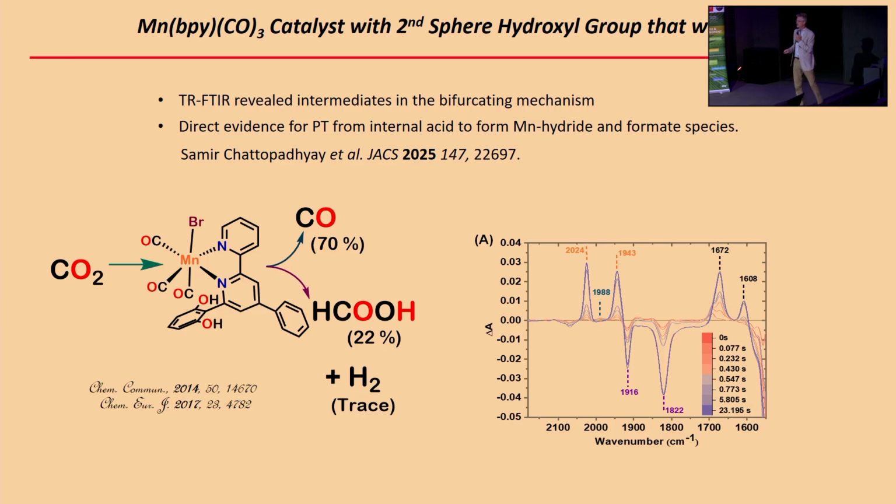So he could see the direct formation of manganese hydride followed by CO2 insertion to make the formato complex. And there he found direct evidence that the proton that is used to form that hydride comes from this ligand. So you could see the difference in infrared spectroscopy.